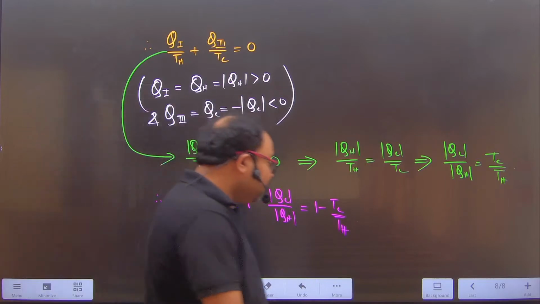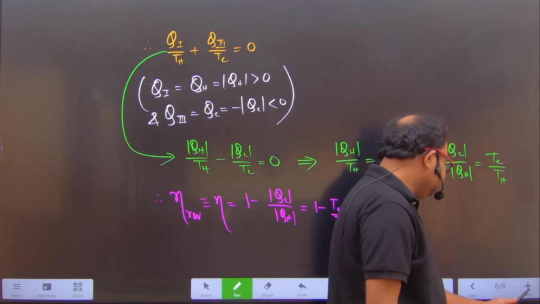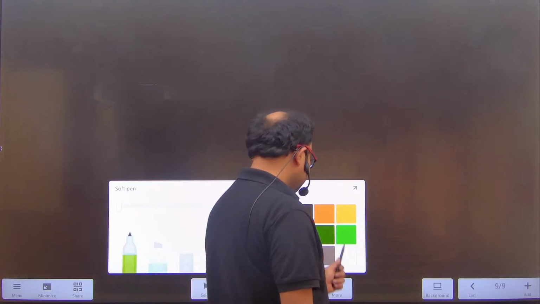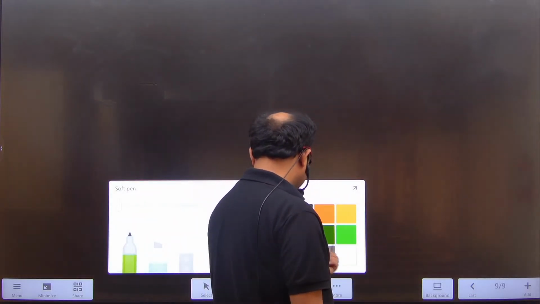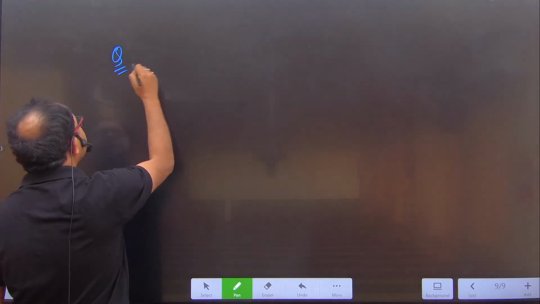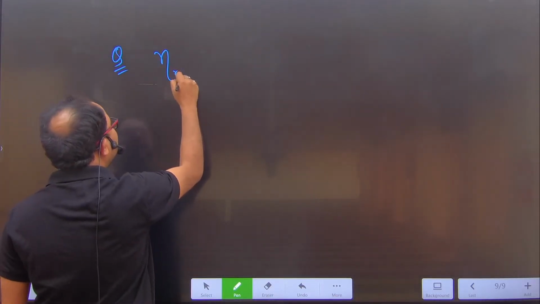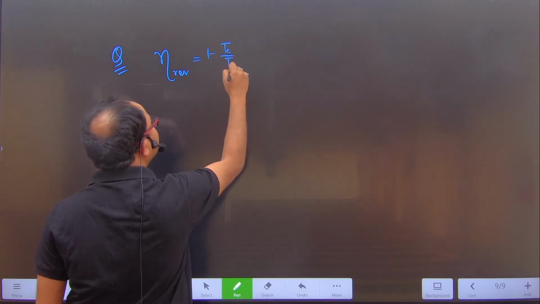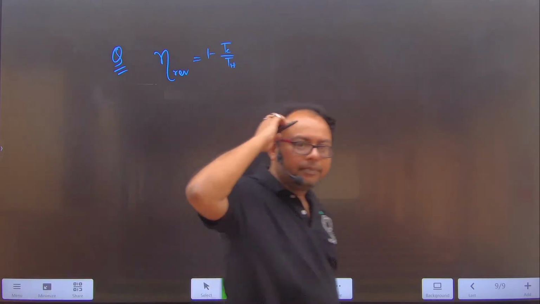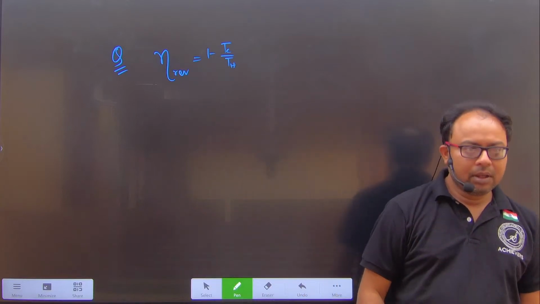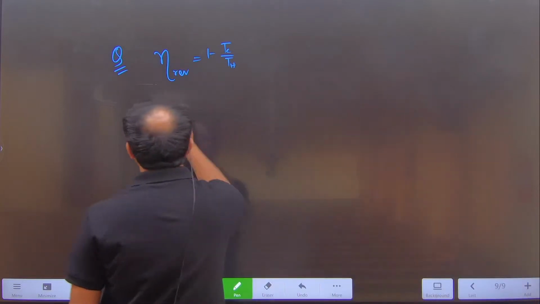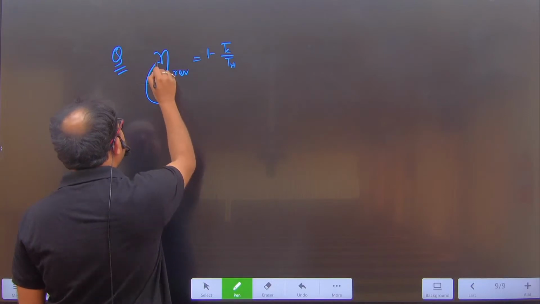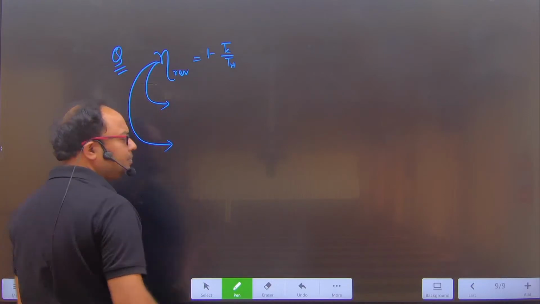Okay. Now I have a question. You see, eta reversible is equal to 1 minus Tc by Th. Now, you can increase eta in two different ways.